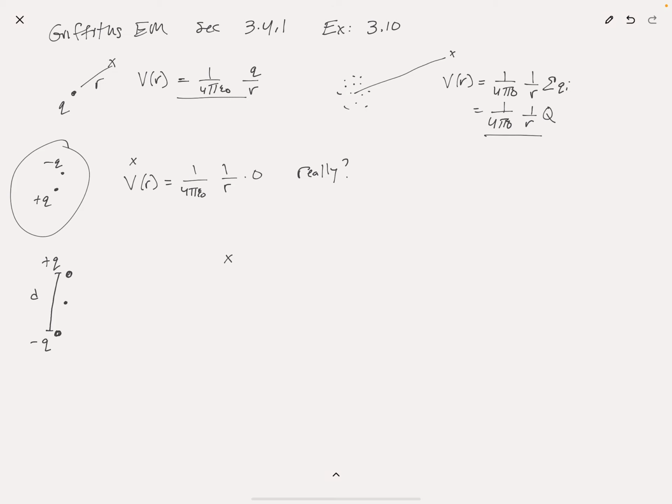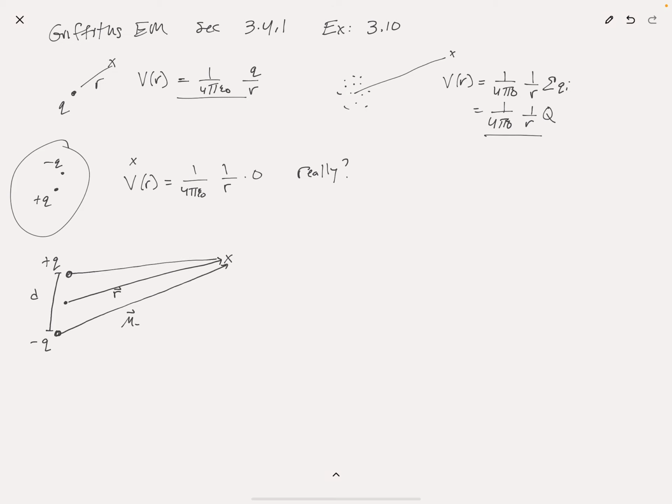I'm going to say that the vector from the midpoint to the point I'm evaluating, I'll call r. And then the vector that points from my negative charge to that point, I'll call script r minus, because it's from the minus charge.